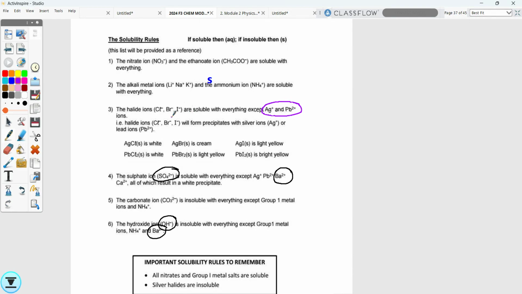That silver will drag down these ions, and the lead would drag down these ions. So that's all it means. It says they are soluble. Soluble means they're swimming. So they will be soluble except if silver or lead drags them down.